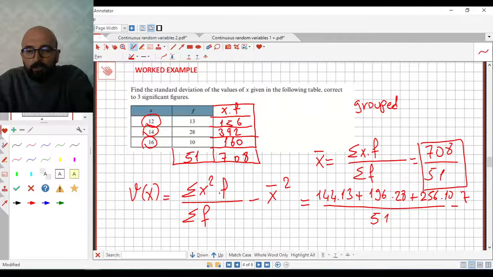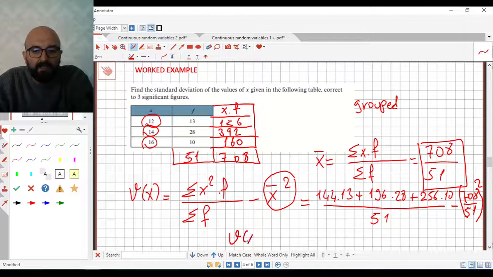We should use the exact value of the mean, not the approximate value. So this exact value is 780 over 51, and please don't forget the mean square: 780 over 51 squared.